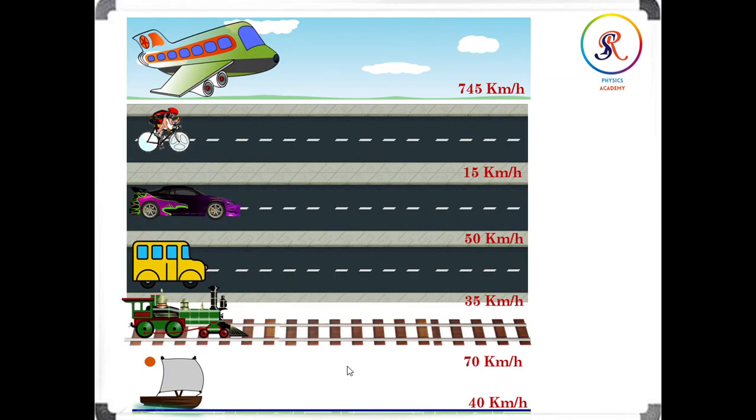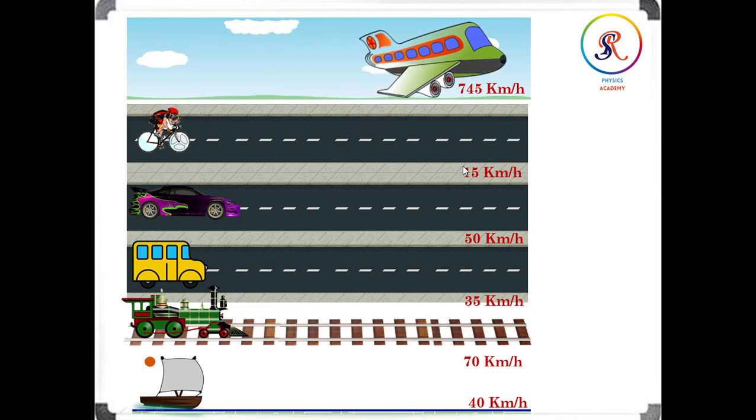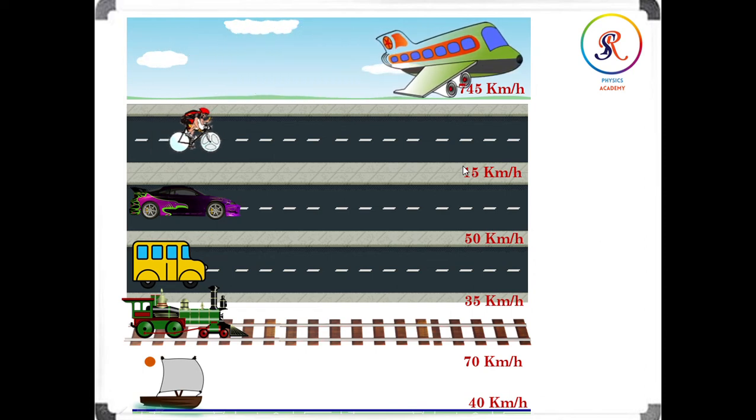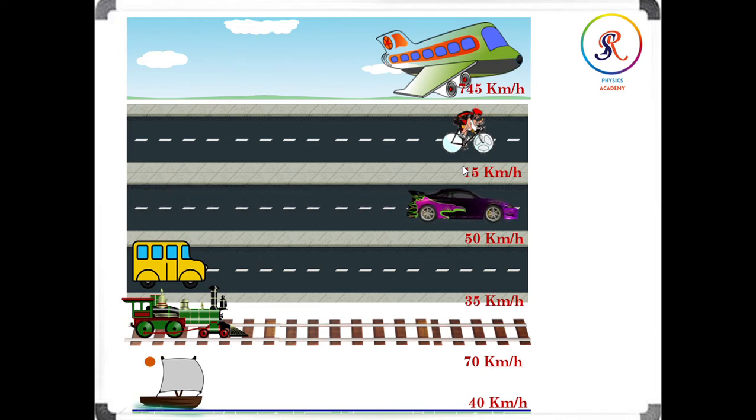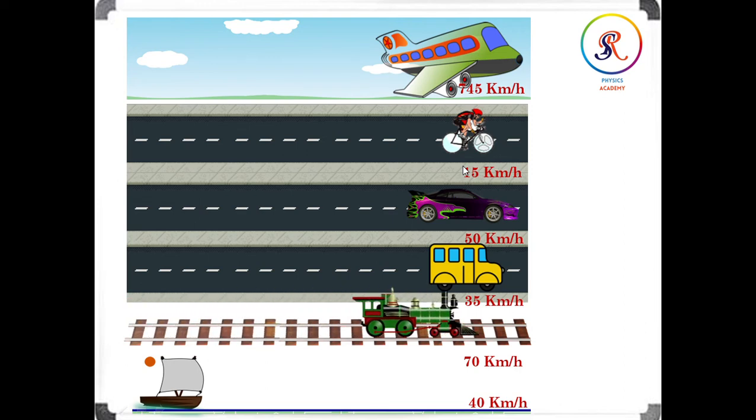Now let us discuss with the help of an image and look at some examples. As we can see, different objects can have different speeds or velocities. Since the direction of all the objects is the same here, the magnitude of velocity is the same as the speed of the object.